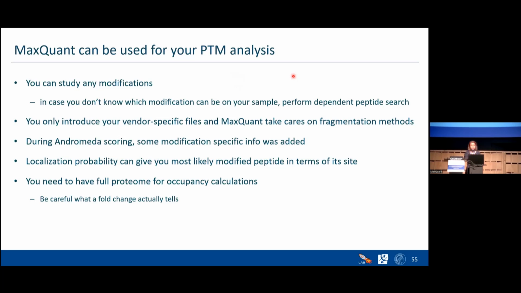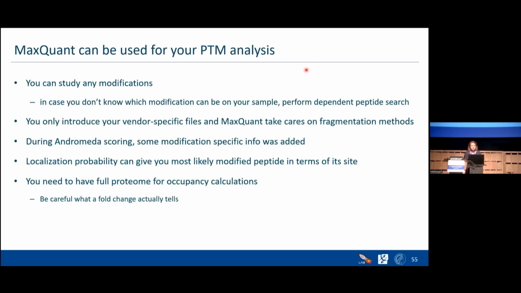What I like about MaxQuant is that it is really user-friendly, and you only need to introduce the vendor-specific files, and then it will find out what is special about them. So which fragmentation methods? We spent a few minutes on the fragmentation methods, but in the end, MaxQuant will find it for you. So there is no need to think additionally about such things.